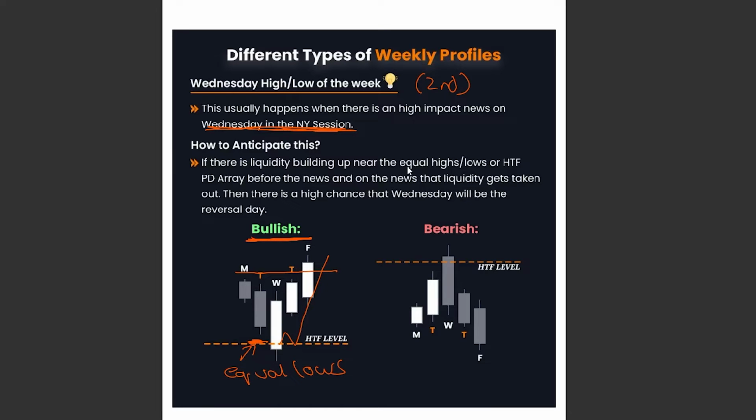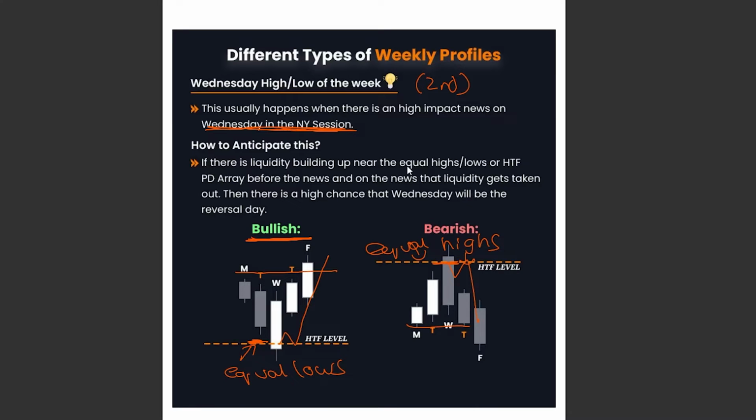However, if you are trying to play this profile in a bearish manner, you will look for price to take out a higher time frame level or equal highs when we see the news in the New York session on Wednesday, and then when price starts to show weakness, you can short it towards the lows.